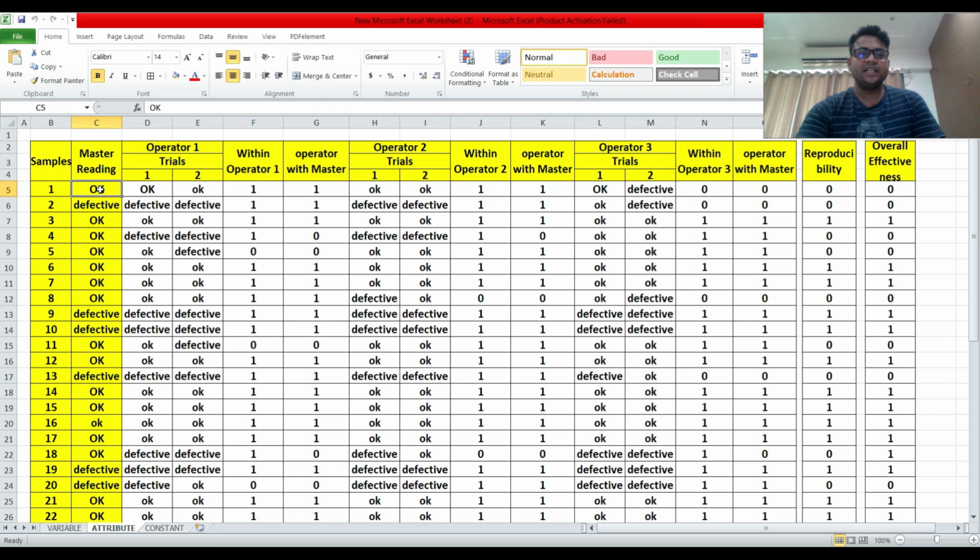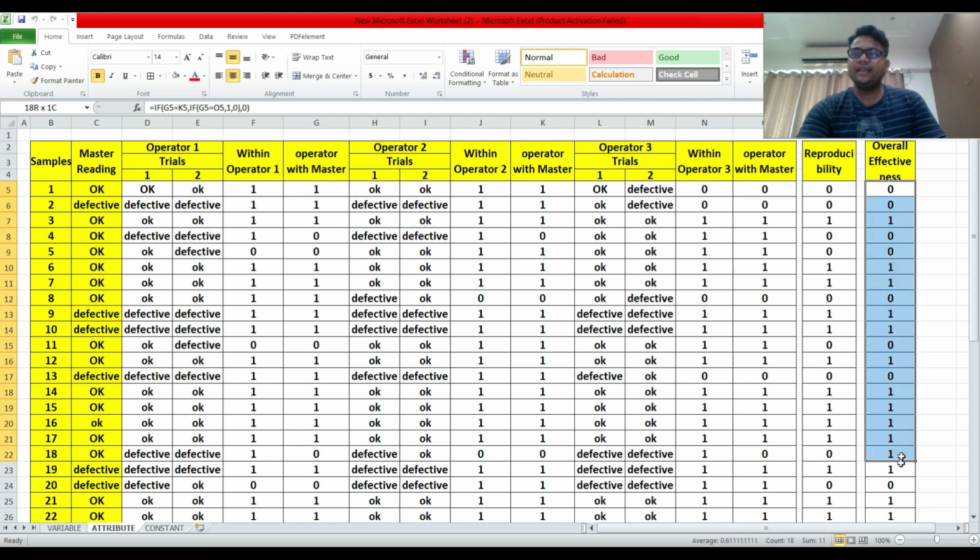In the first case, you will see that the master reading is okay, operator 1 trial 1 and 2 are okay, operator 2 trial 1 and 2 are also okay, but operator 3 trial 1 is okay but the second trial is not okay. It means their results are not matching each other. So here overall effectiveness will be 0 because their results are not matching with each other as well as with the master reading.